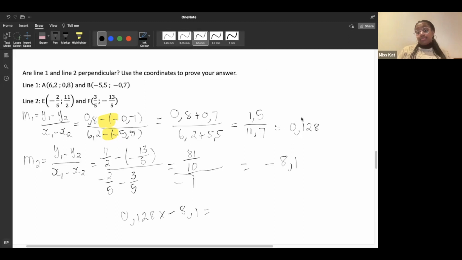I got negative 0.368. So they are not perpendicular. They're very close, but very close does not mean exact. Do you see?